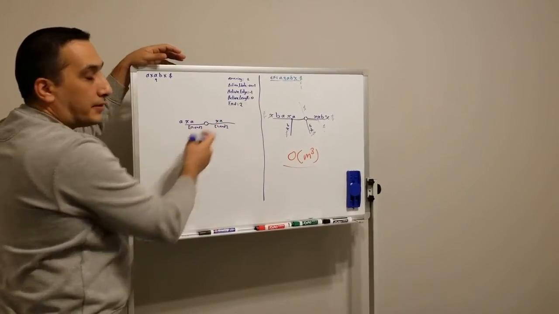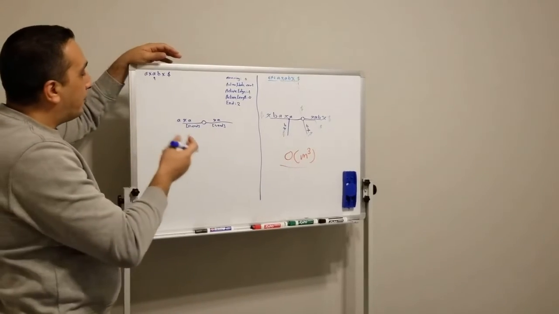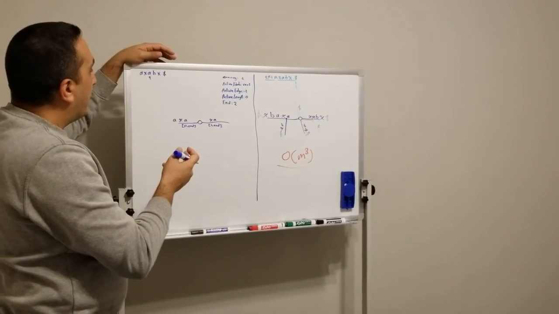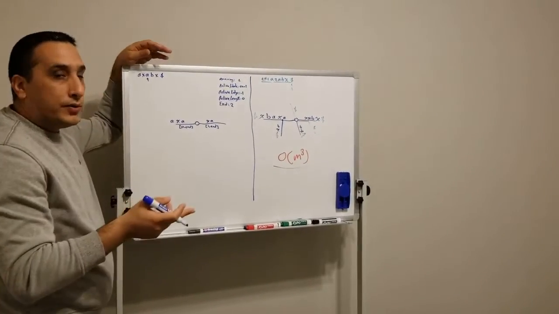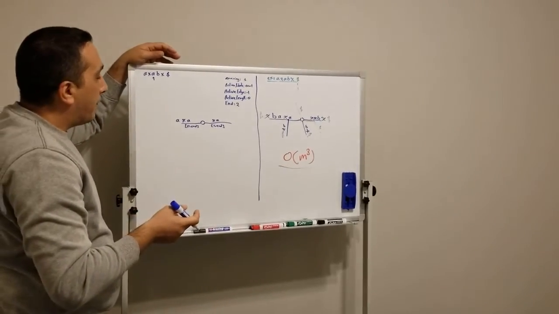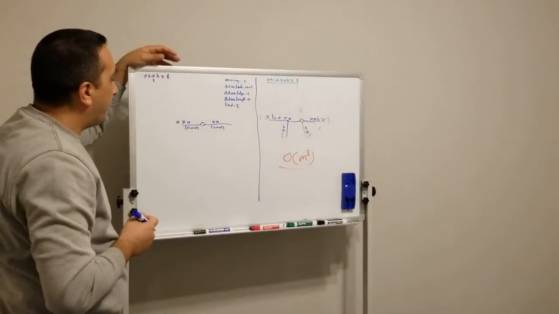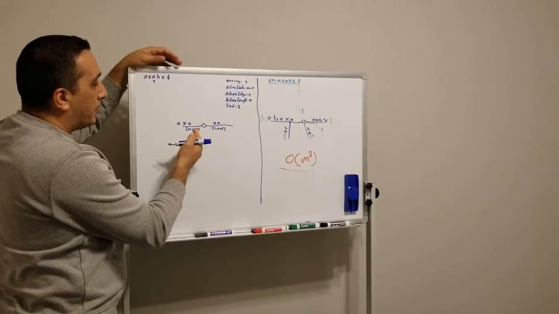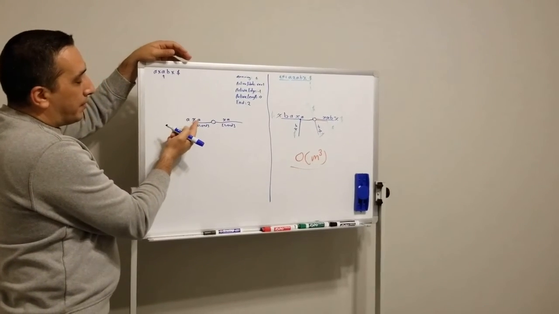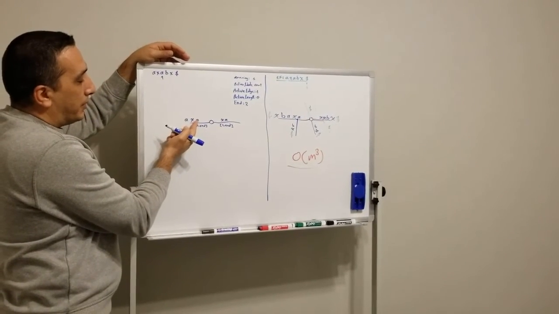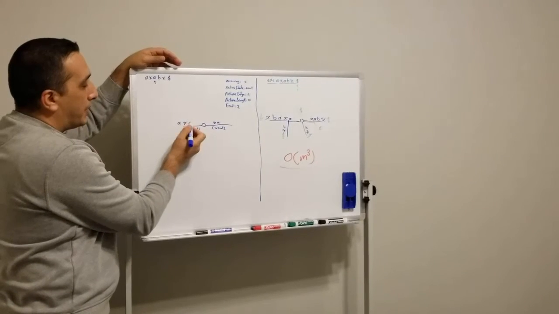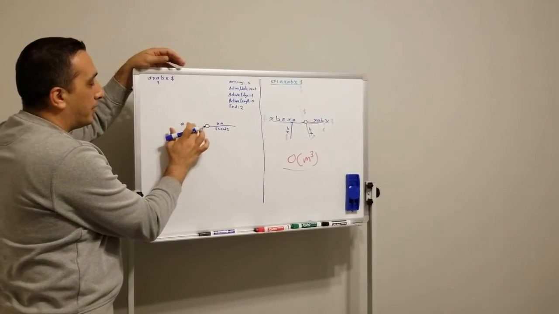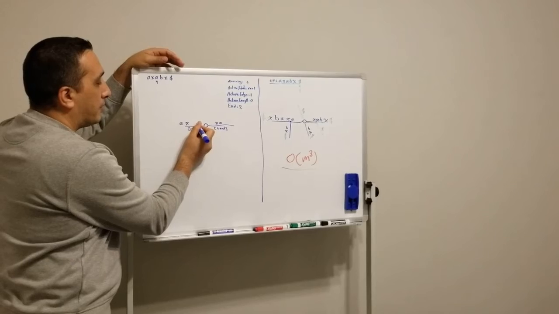Active length is still 0, so we have to check if there is a path from the root node to the character A. And if we look around, we actually see there is a path to the character A from the root node, and that's right here.